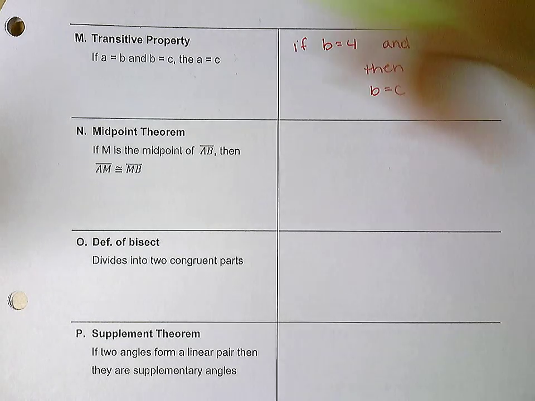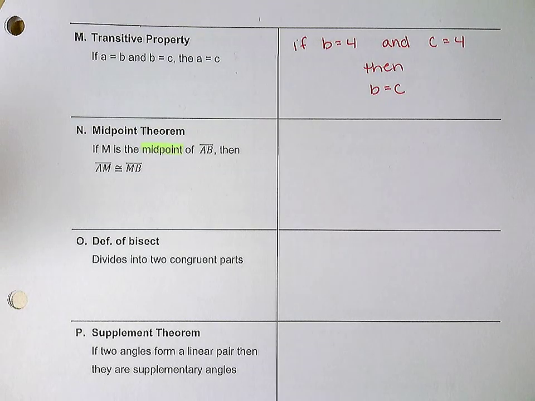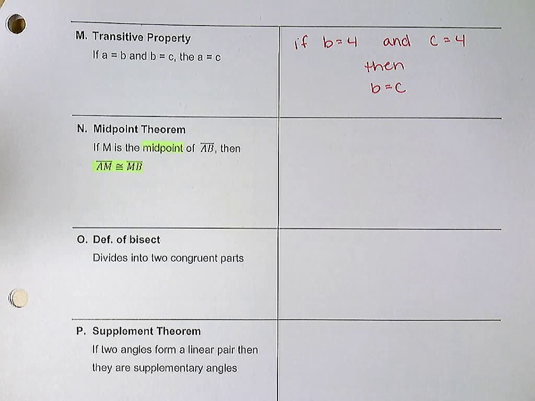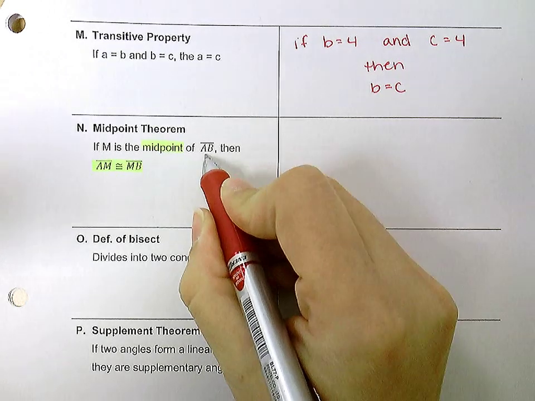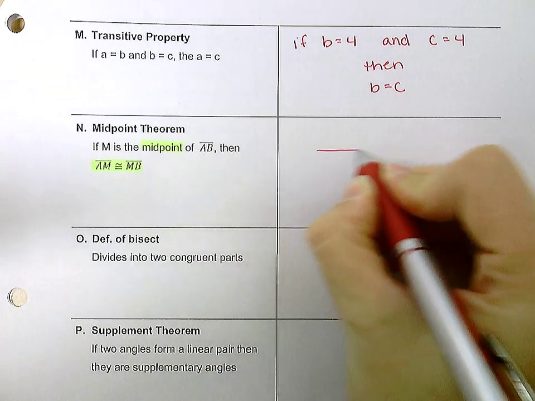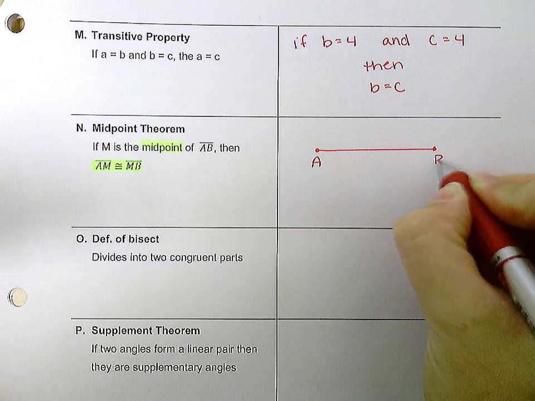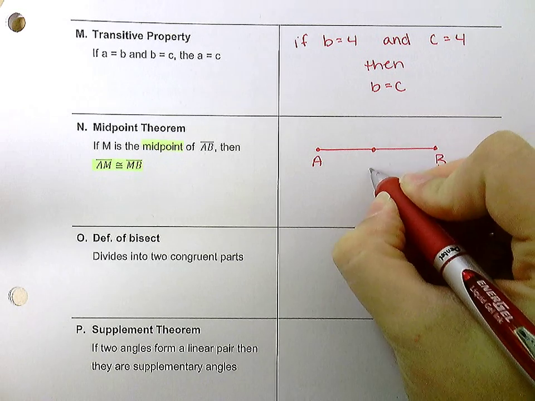So our key word here is midpoint. We use midpoint, and we know our two smaller segments would be congruent to each other. So if I have segment AB, and I know M is the midpoint, so that has to be in the middle.